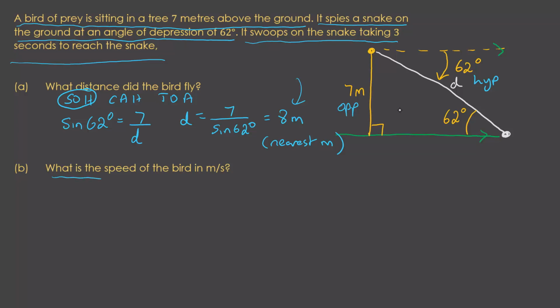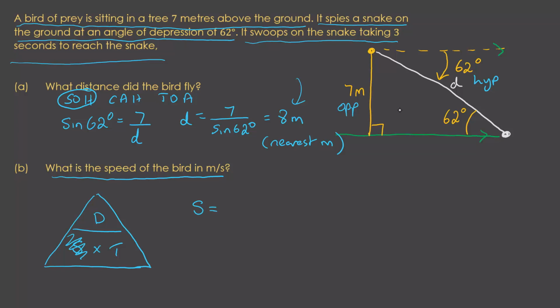What is the speed of the bird in meters per second? We can remember back to our speed, distance, time triangle. We want to find the speed, and so that's distance divided by time.